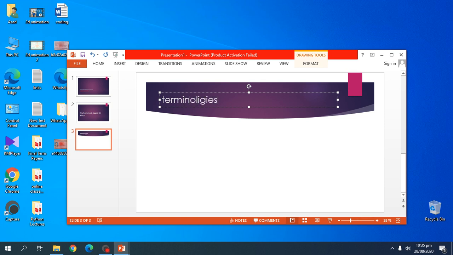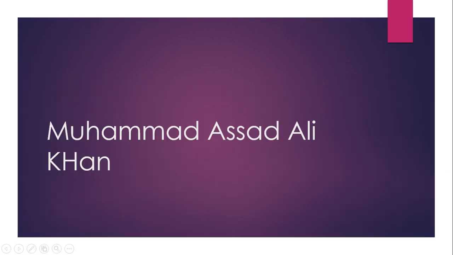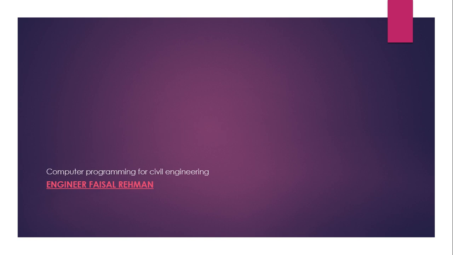And this is the heading. I bold it, underline this also, and in order to show the slideshow, I go here. This will represent the slideshow. My name, the subject name, etc.